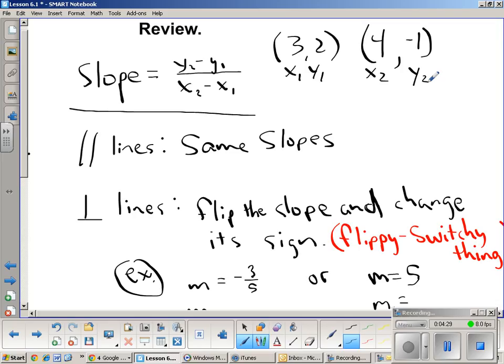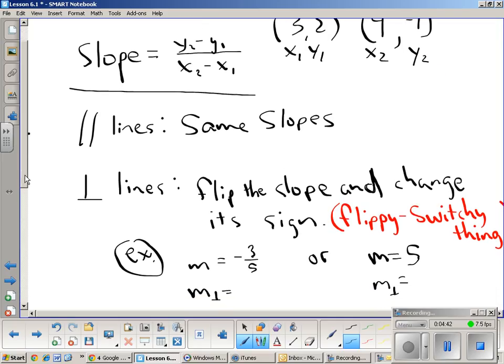So, when we talk about parallel lines, if our slope is the same, they're parallel. If they're perpendicular, listen up. If they're perpendicular, we flip the slope and change its sign, which is the flippy switchy thing. So we flip it over and change it to its opposite.